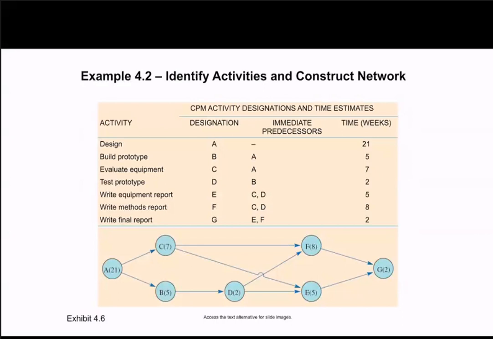So let's take a look at the homework. This is an example from the textbook. The table provides the activity name and designation, so for design, this is the design activity, and it also provides the immediate predecessors, the former activities, and the estimated time.